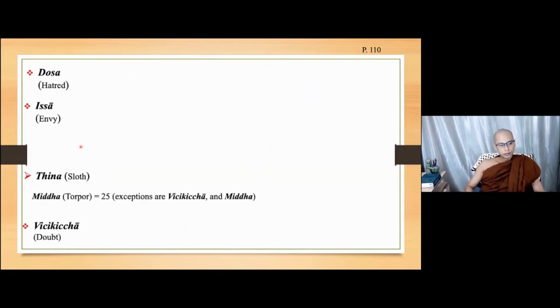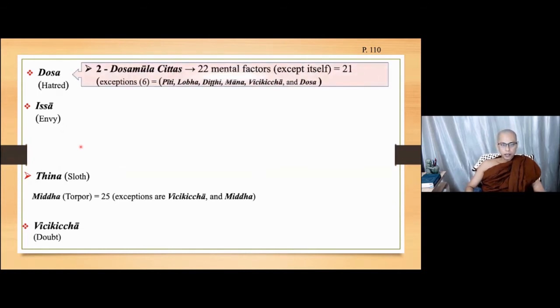And for the Dosa Mula group, Dosa associates with the 2 Dosa Mula Citta, and Dosa Mula Citta can arise with 22 mental factors. 22 mental factors except Piti, starting from Piti and Lobha, Ditthi, Mana, and Vicikiccha. Vicikiccha only arises with Vicikiccha Sahagata itself, and Dosa itself. So altogether, 21 mental factors can associate with Dosa.